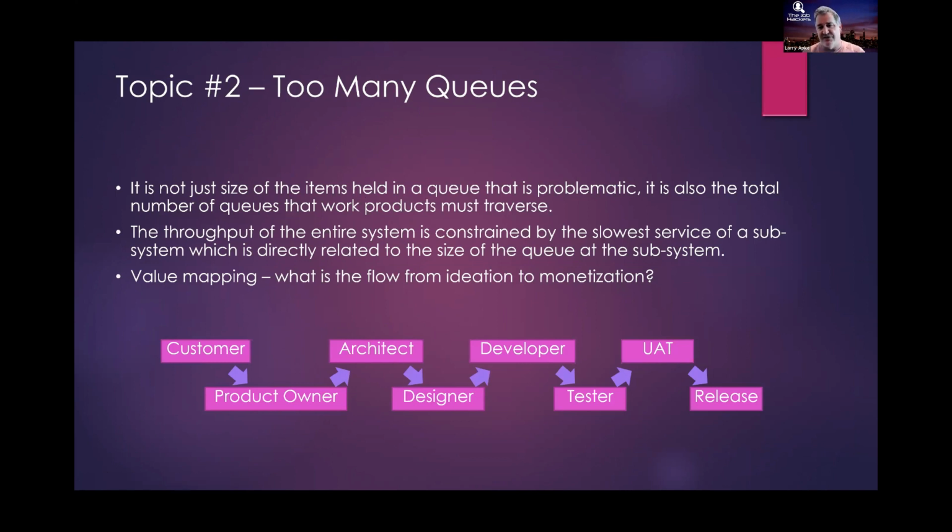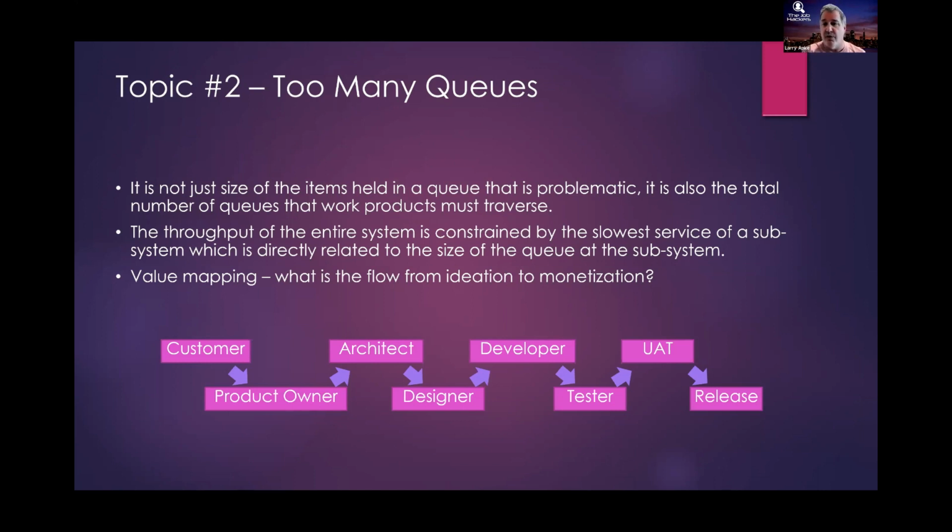It's not just the items that we have in a single queue that is a problem. It's further compounded by most organizations who are not optimal, because what they do is they make each of the products, or each of the steps along the way to producing the product, they make a lot of different queues.